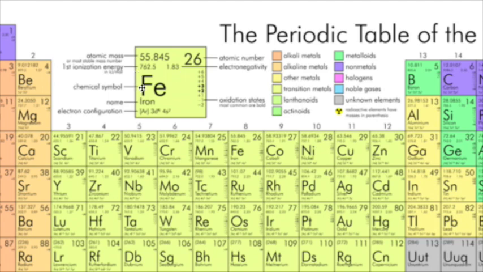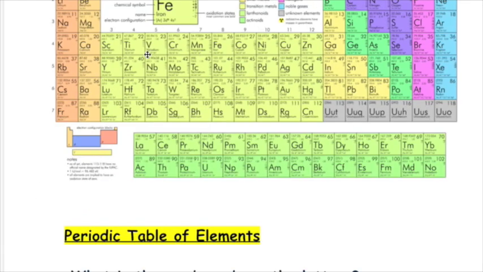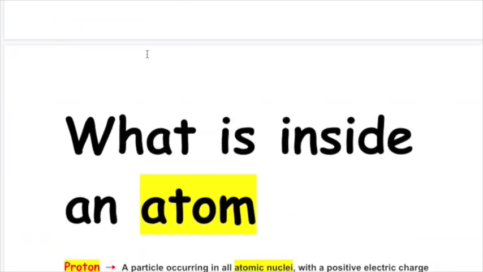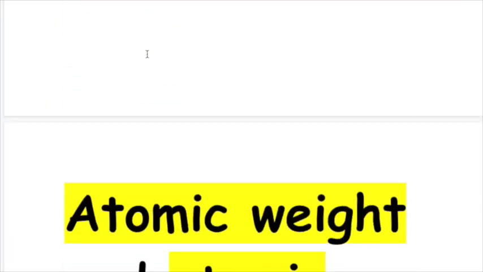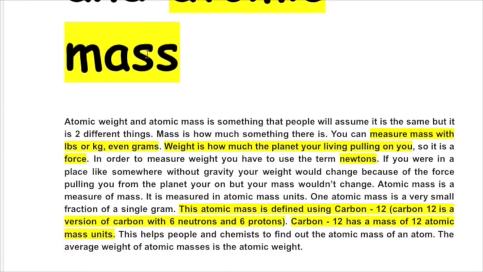The atomic weight was something else, because we have the atomic mass, but for some reason this periodic table doesn't show the atomic weight. But there is such a thing as atomic weight. Now you're probably thinking atomic mass and atomic weight are completely the same thing. But no, it's actually something different. Let me show you here.